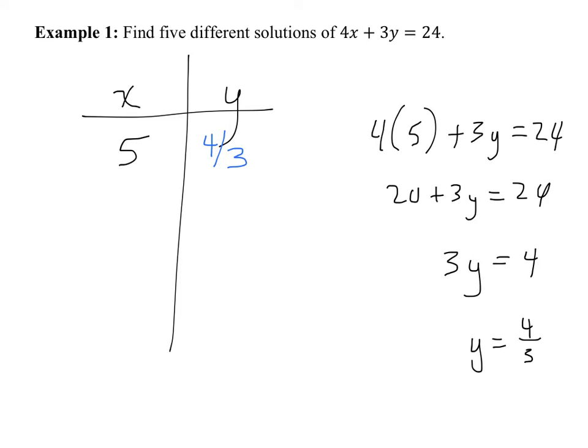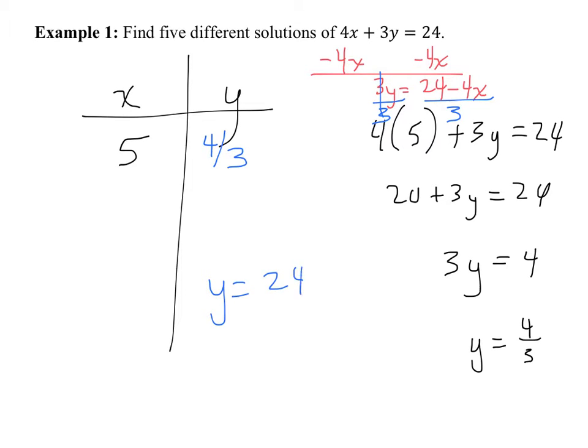We subtract 4x from both sides. That gives 3y equals 24 minus 4x. Divide that by 3, and y equals 8 minus 4/3 x. But you can leave it like that too. That's fine. Again, I would just leave it the way it is: y equals 24 minus 4x all over 3.